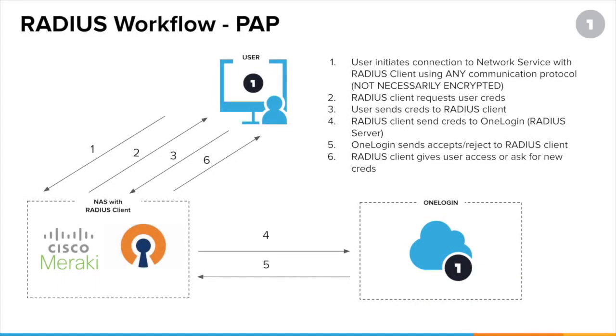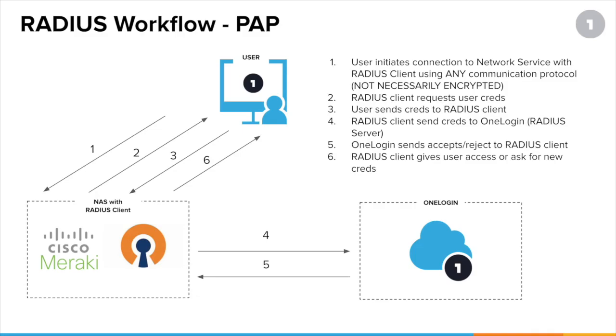Basic flow here looks like this. The user is going to initiate that connection to the network service. The network service then is going to request the client's credentials. The user then sends in the credentials, and the credentials are sent over to, in this case, OneLogin's RADIUS server.